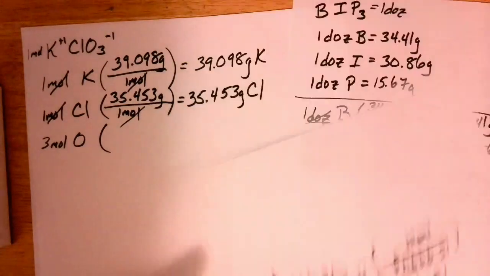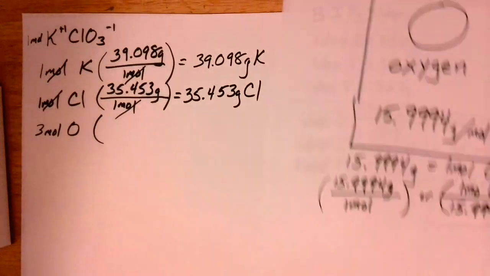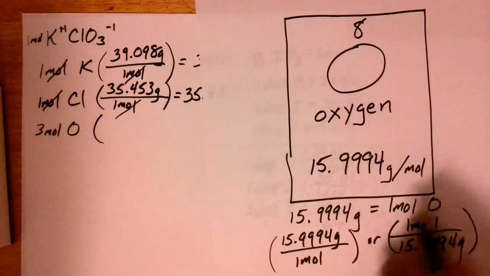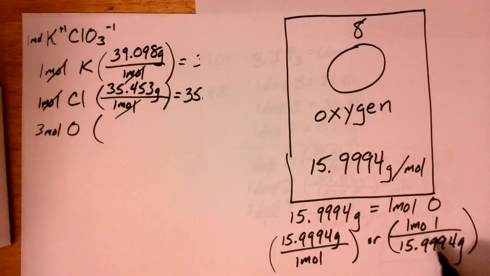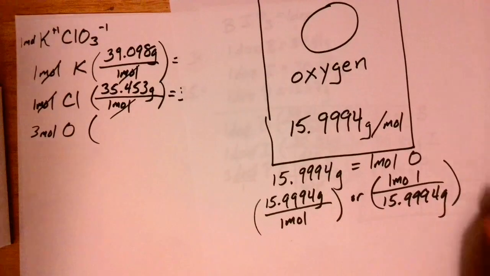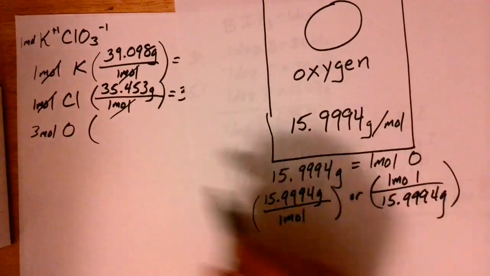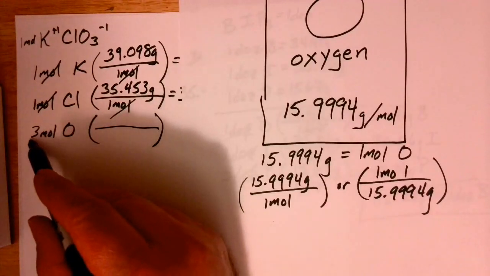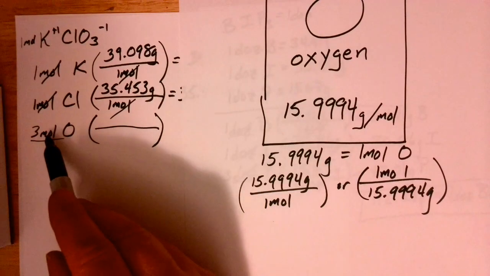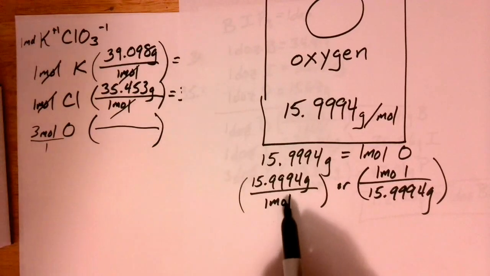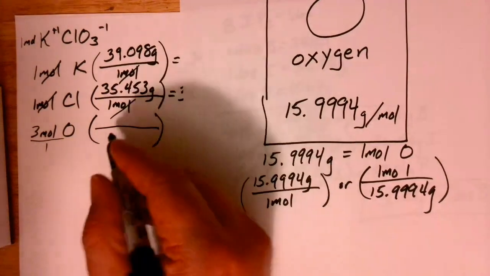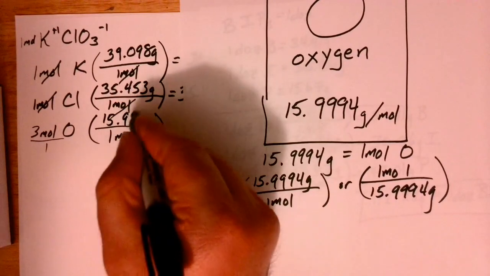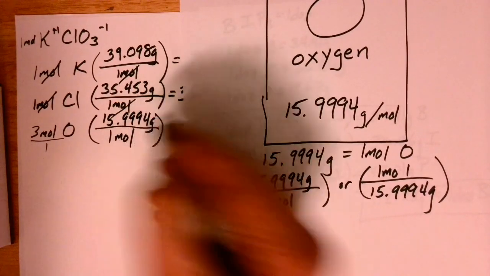And then for oxygen, as you can see for oxygen, it looks something like this. You'll see 15.9994 grams. So I have to use one of these two over here. Since moles is on top, I need moles on the bottom, so I need to use this conversion here. It's 1 mole on the bottom and 15.9994 grams.